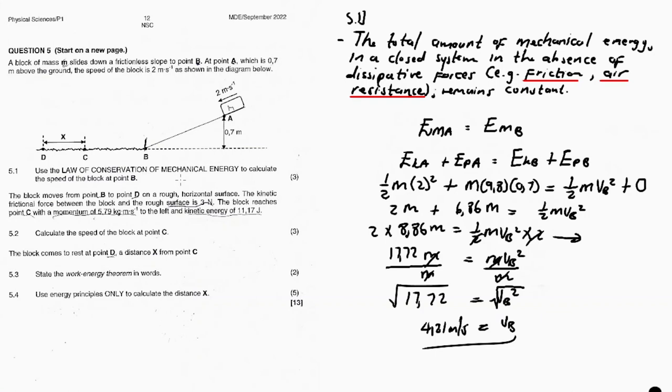So 5.2: calculate the speed of the block at point C. At point C, they give us the momentum, and they also give us the kinetic energy. We want to calculate the speed. Do you have any idea how you would have done this when writing this exam? Let me erase here first. Alright, this is my take. With 5.2, let's take out the data.